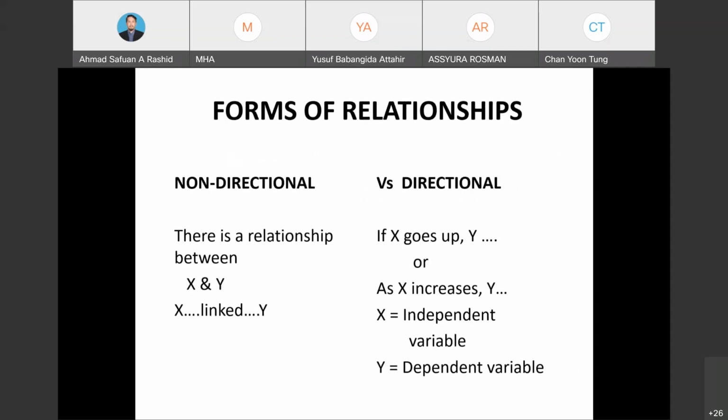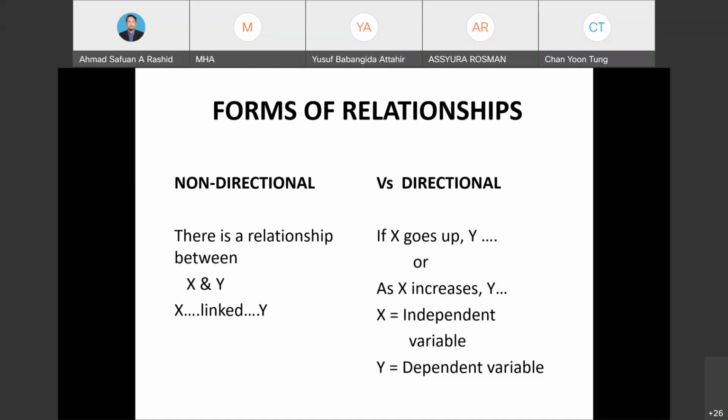Okay, form of relationship. Once you carry out your testing, then you have data. So you need to come up with your analysis and then explain what is the relationship that you have gained.